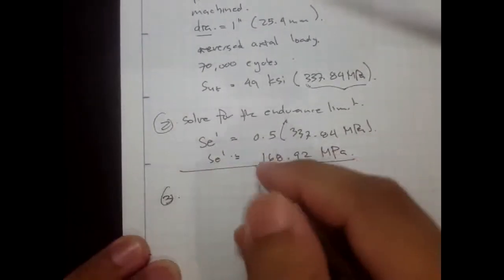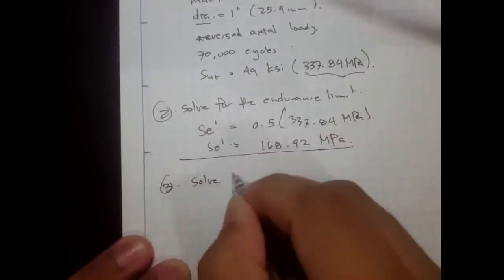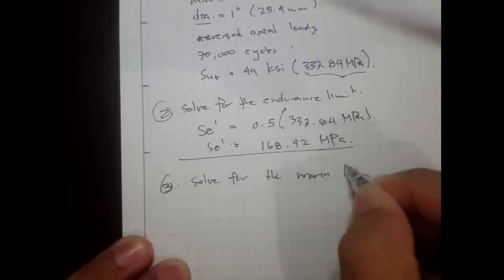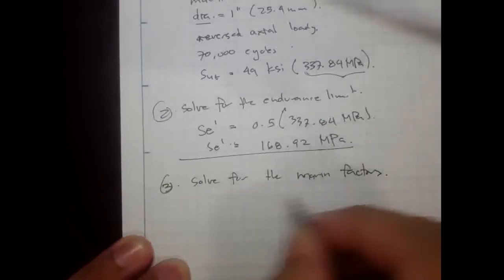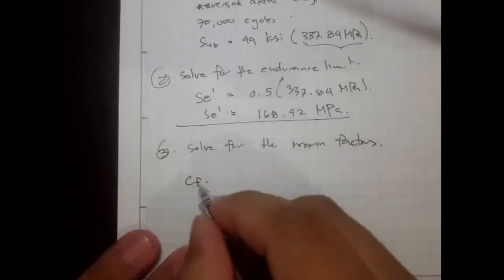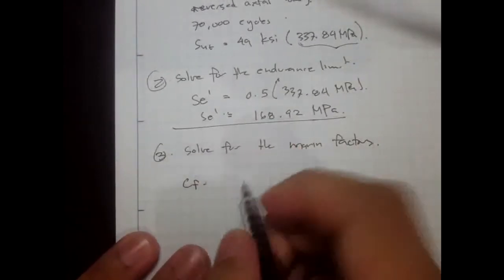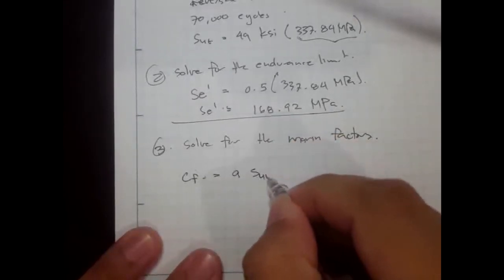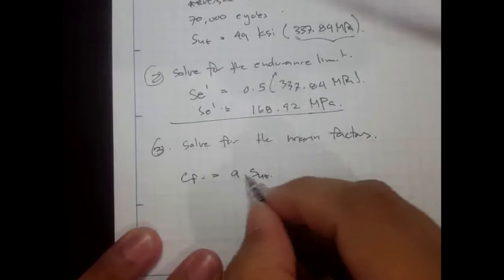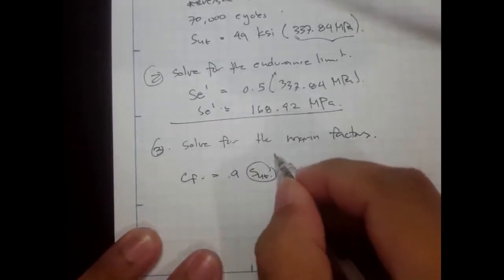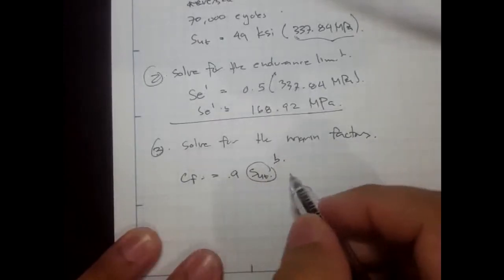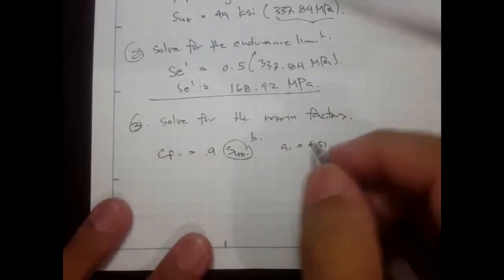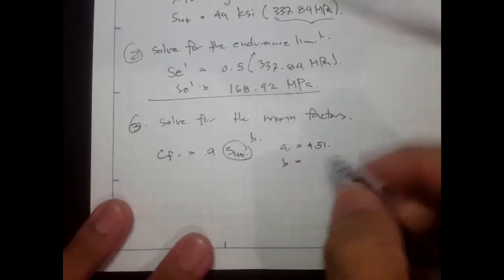So the next one is to solve for the factors, or the Marin factors. Right, so CF. So let's first start with the surface finish. For surface finish, recall that our working equation is A times the ultimate tensile strength raised to B, and if it is machined, the value of A is 4.51, so just the same with our previous sample problem.